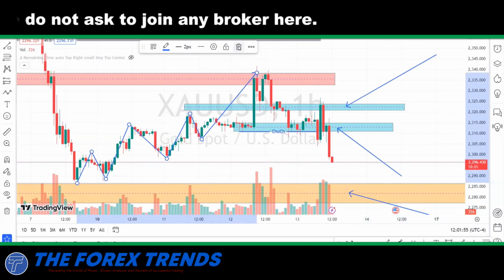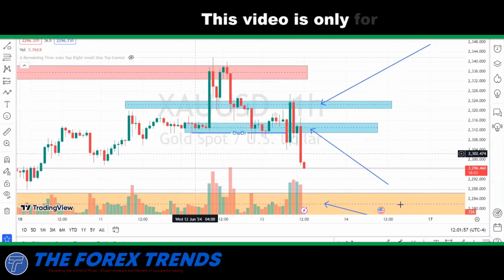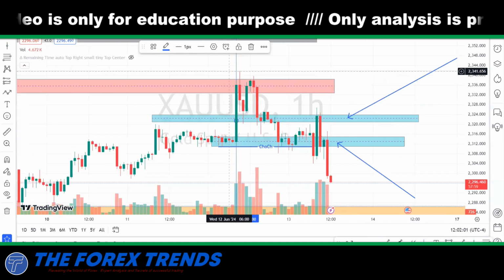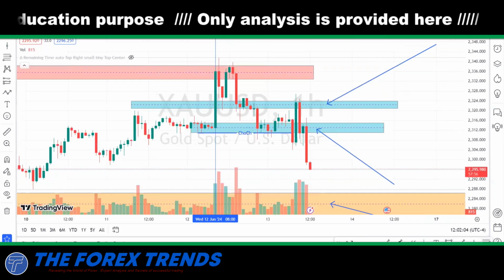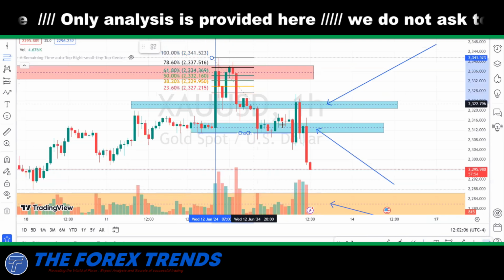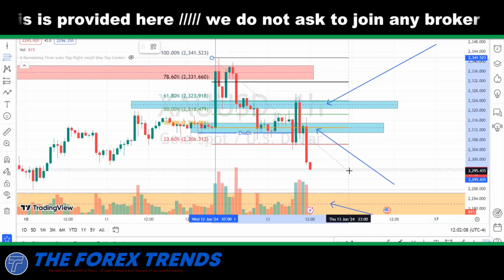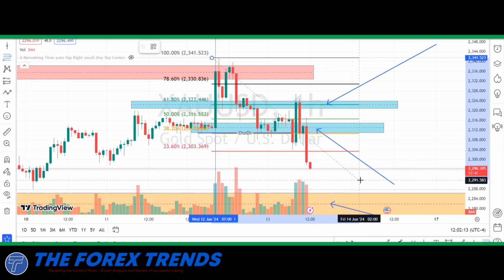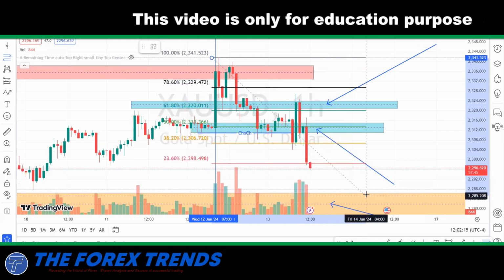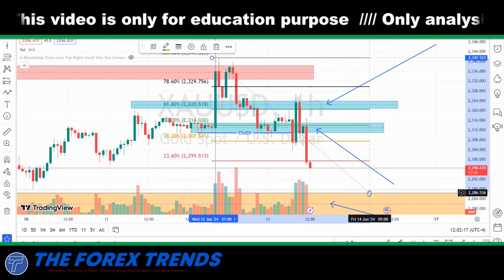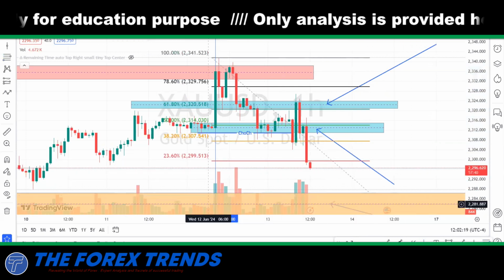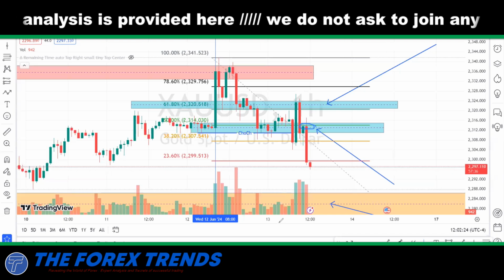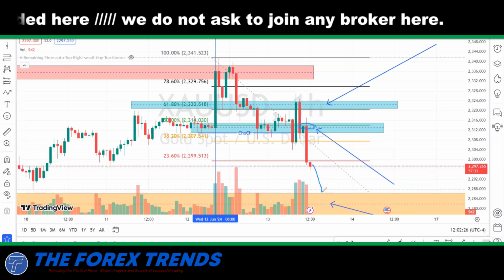So if I plot the Fibonacci now for the last swing, if price comes to this level, then this will be a 50% retracement level if price comes to this level tonight.